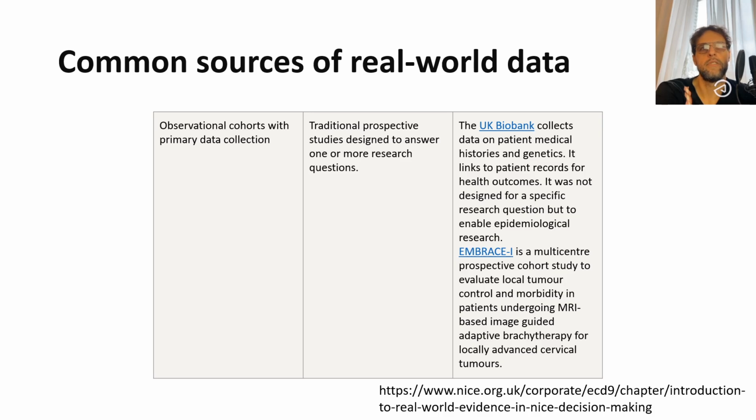Another example could be biobanks. They collect data on patient medical histories and genetics, and they're linked to patient records for health outcomes. So we can use this data to design a specific research question to work with these data sources, and it will be quite effective.